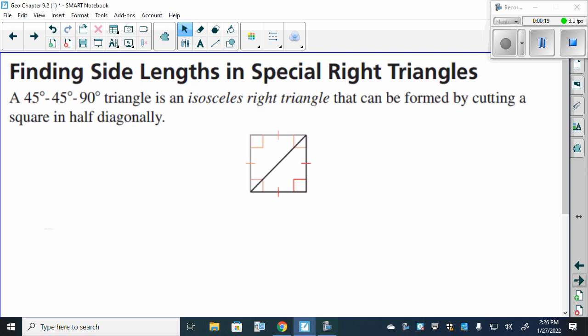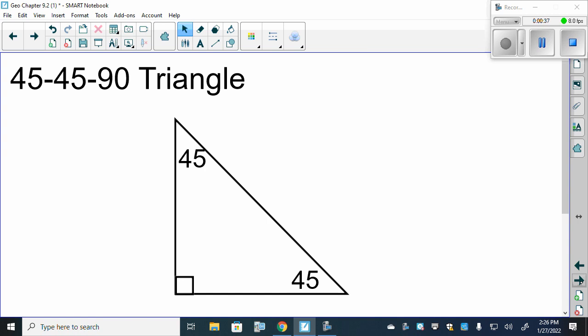on the lesson today. And what we're talking about today is special right triangles. We're going to be talking about special right triangles. And the one we're looking at specifically is the 45, 45, 90 special right triangle. In this triangle here, is going to be an isosceles triangle, because we know that the sides opposite congruent angles are congruent.